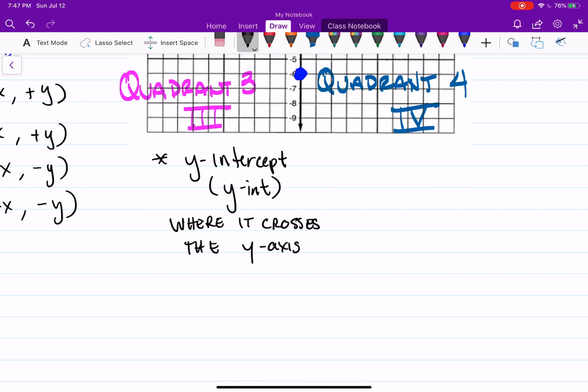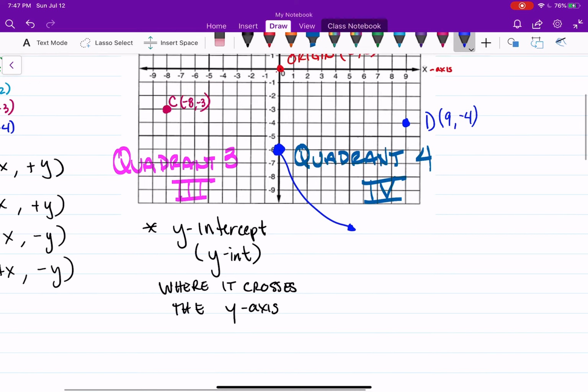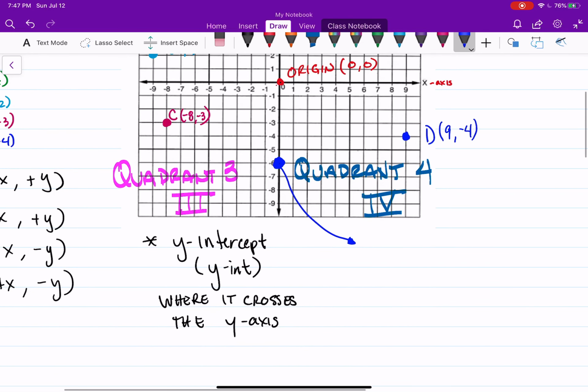Y-intercept, where it crosses the Y-axis. So if we were to name this point, we start at the origin, we move left and right, none. So my x value will be 0. And then I move down 6. So (0, negative 6) would be my so-called y-intercept.